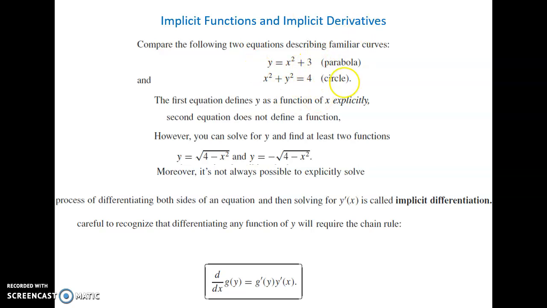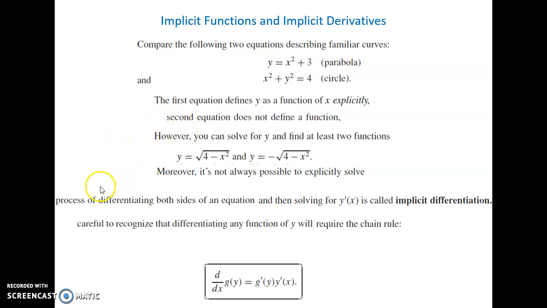That means in the implicit function, we will not be able to find the value of y directly whenever x is given. So these are the implicit functions, and these are the explicit functions. All the derivatives we considered earlier are for explicit functions and are called explicit derivatives. Now in this topic we will be considering implicit functions and implicit derivatives.